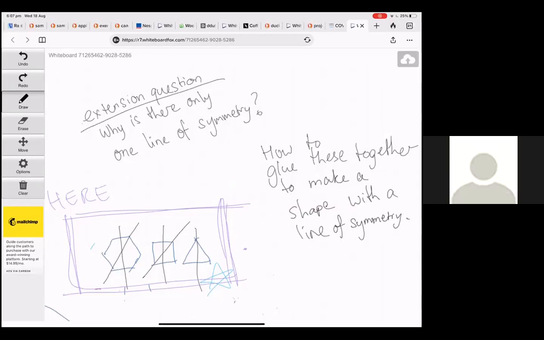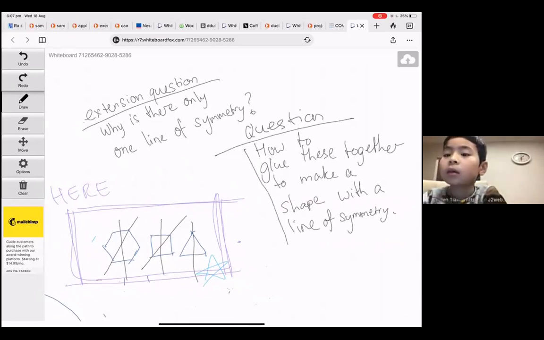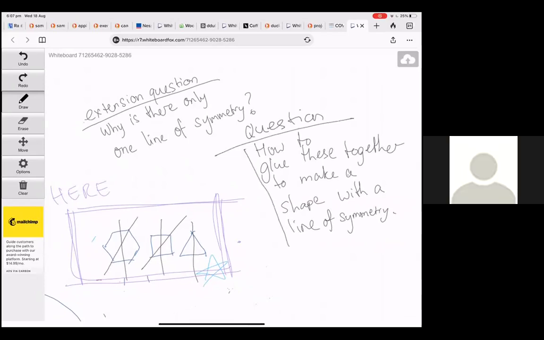So people, can you see how you might glue these together to make a line of symmetry, so that the resulting shape has a line of symmetry? So this is the question.